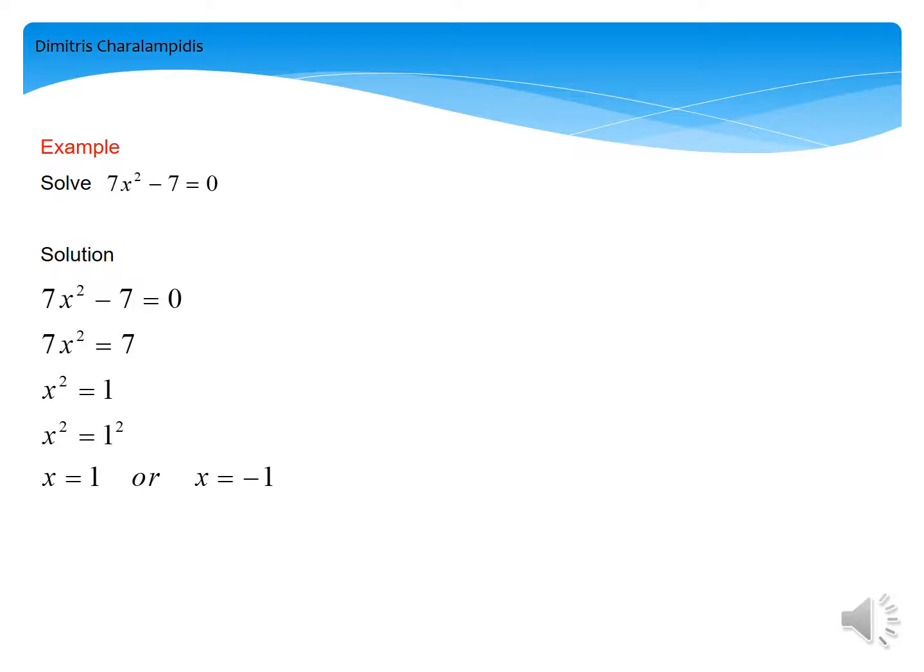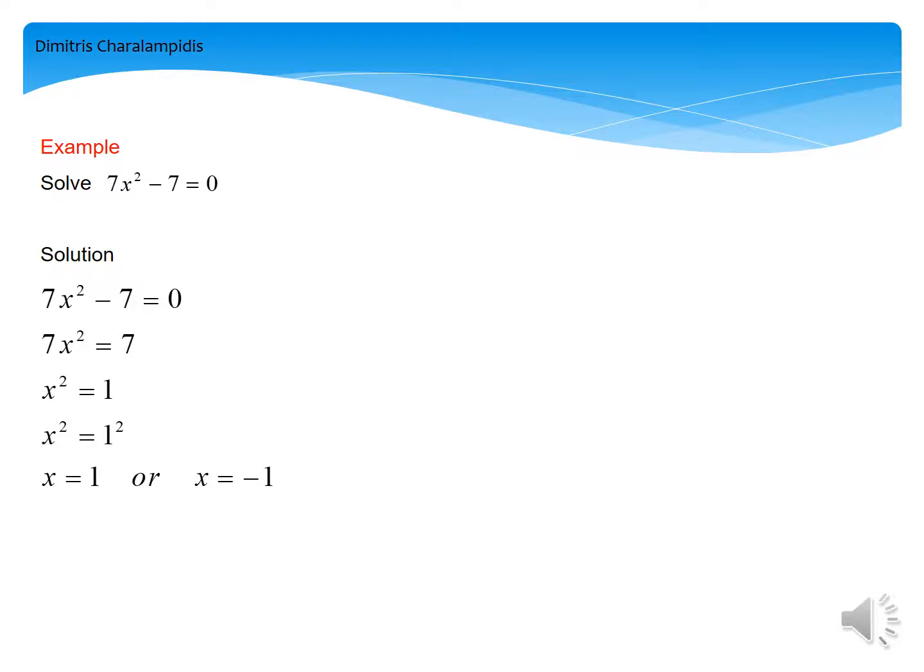So we will try to isolate that x squared on the left hand side. So we'll write 7x squared equals 7, thus x squared equals 1, and now we are wondering if 1 can be written as something squared. Indeed, it's obvious that 1 can be written as 1 squared.